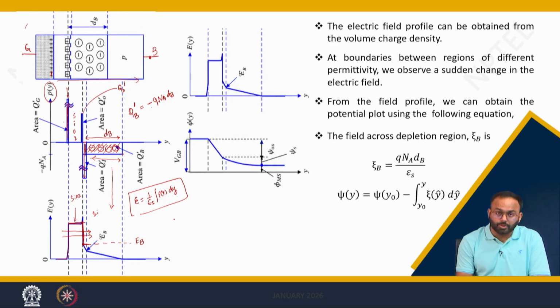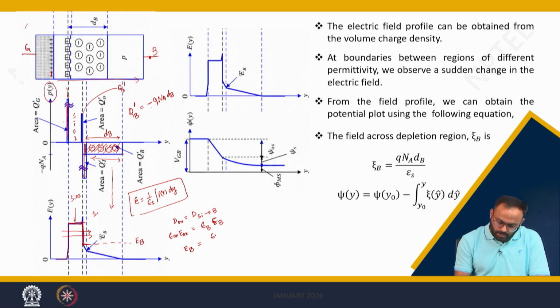So you need to use a boundary condition which says that D ox should equal D of Si. This can be written as epsilon ox into E ox equals epsilon of Si, and instead of Si we can use body, so epsilon of body into E of B. I am interested in the value of EB.